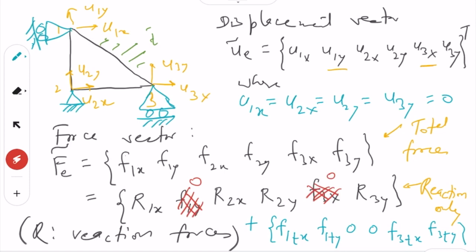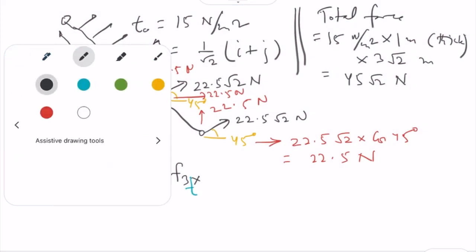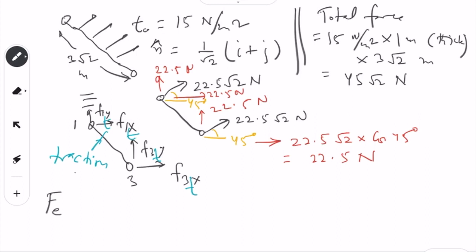So basically Fe tilde will be equal to the reaction force plus F3Tx, F3Ty, F1Tx, F1Ty.